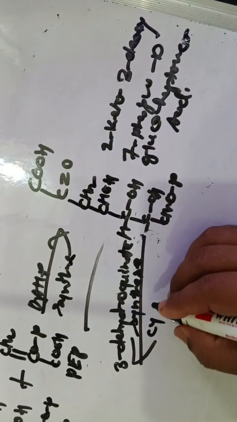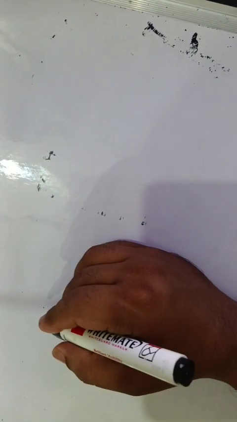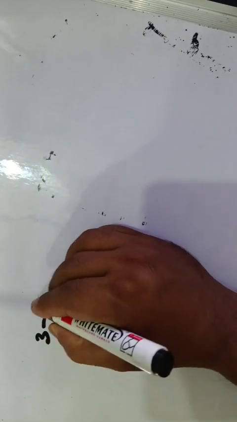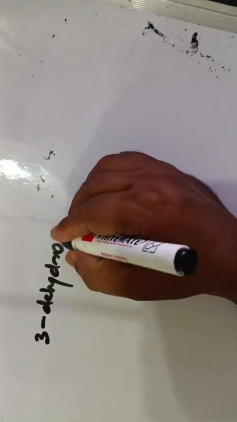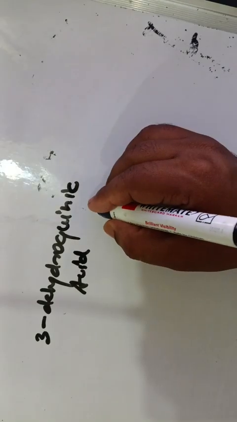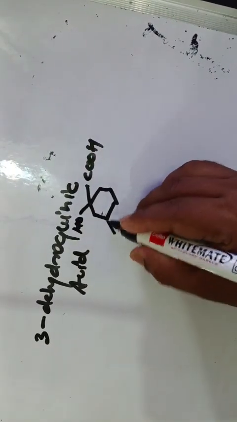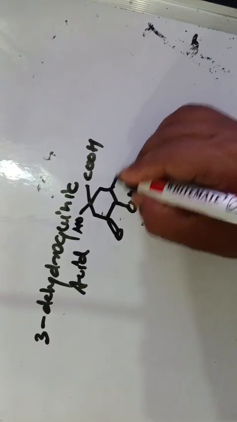And this compound goes for the cyclization. After cyclization, there is a formation of 3-dehydroquinic acid, and this is the structure of 3-dehydroquinic acid, that is COOH, HO, C double bond O, OH and OH.